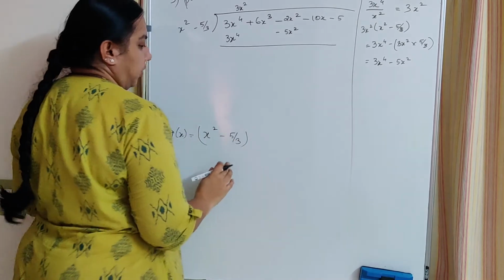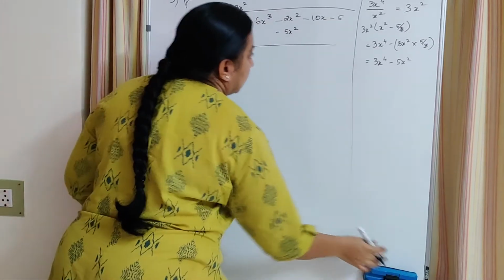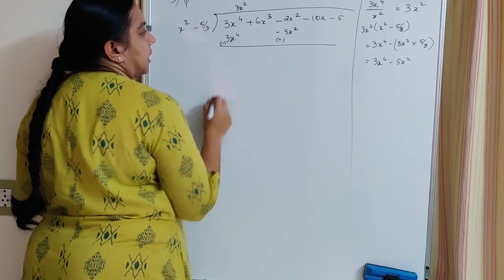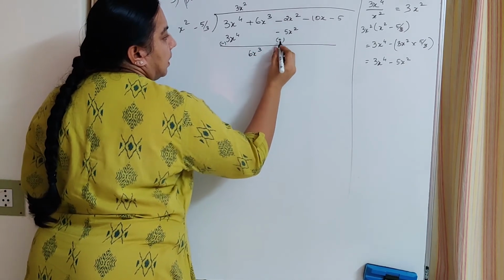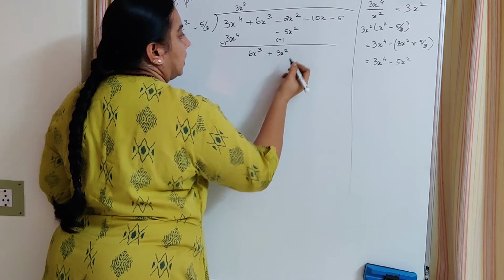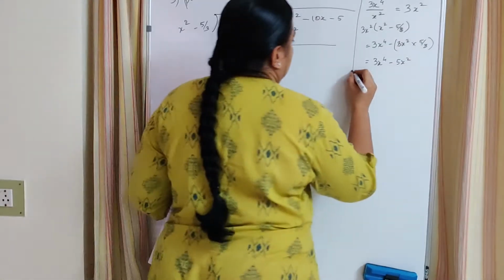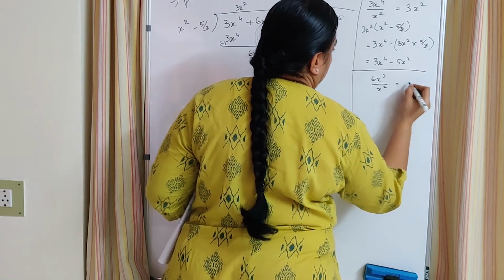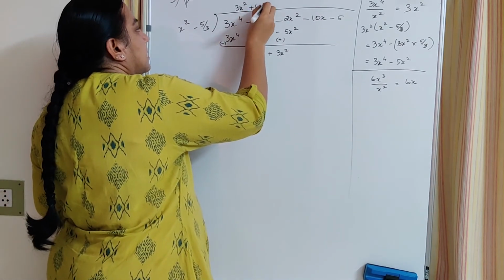Then I am going to subtract now. When subtracting, I have to change the symbol. This term gets cancelled. Bring this term down, 6x cube. This term, the positive number is a bigger number, so plus 3x square. Then I am continuing with the division now. 6x cube divided by x square, I get 6x, so plus 6x.